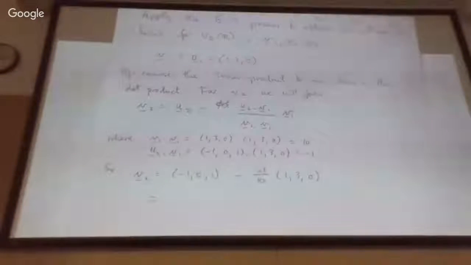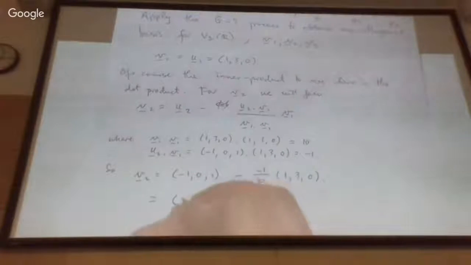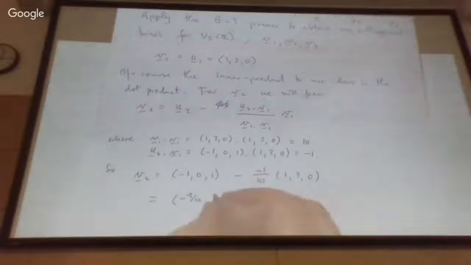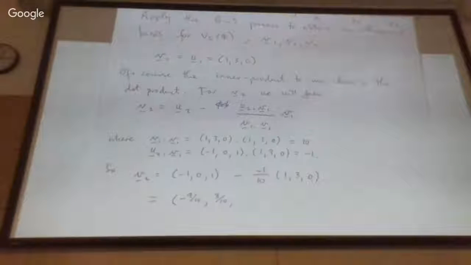So you just add those two vectors together. In the first component, it's going to be plus 1/10, so we have -1 plus 1/10, which is -9/10. We have 0 plus 1/10 of 3, so that's plus 3/10. And lastly, we have 1 plus nothing, just 1 at the end.